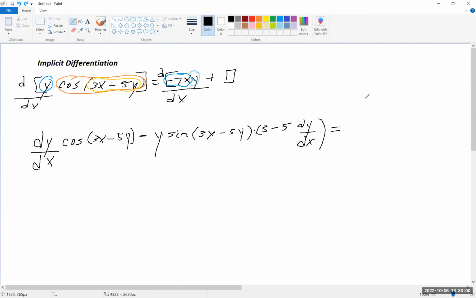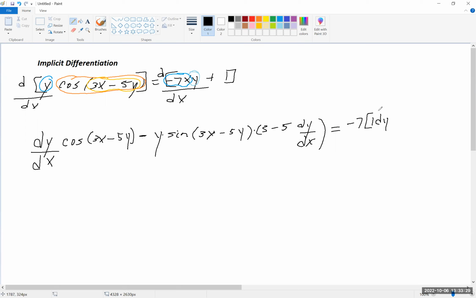Okay, so we have to do the right side. So I'm going to go ahead and bring out the -7. And I need to take the derivative of x, which is 1. And then times the derivative.